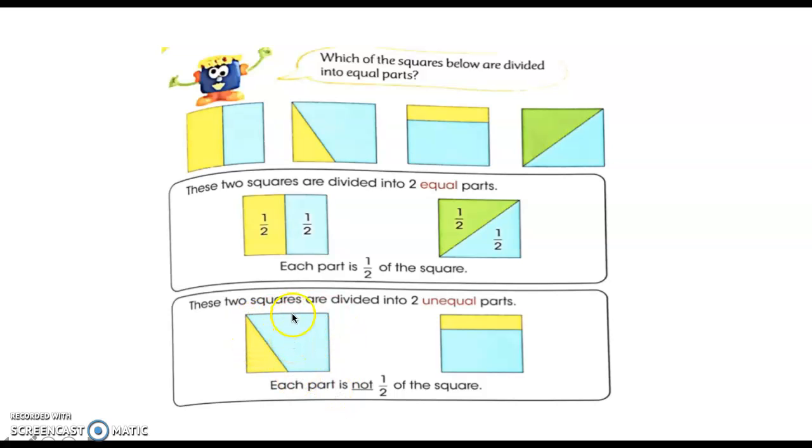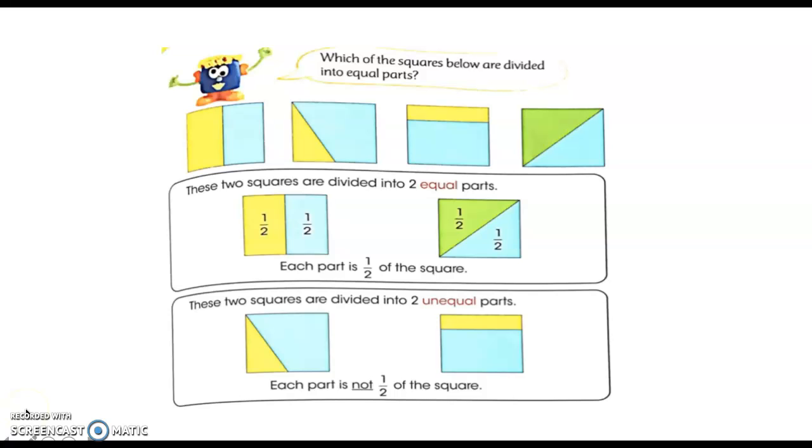Remember this. When it is not divided equally, when you take 1 part, it will not be a unit fraction of the whole, okay? It can only be a unit fraction when they are divided equally. That is the most important point that you should remember.